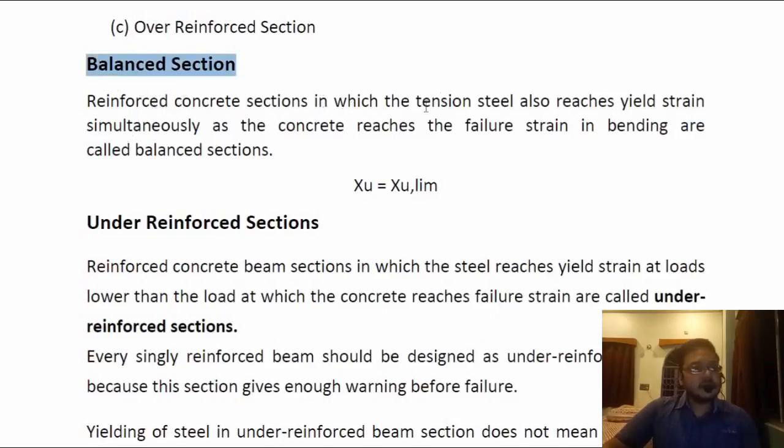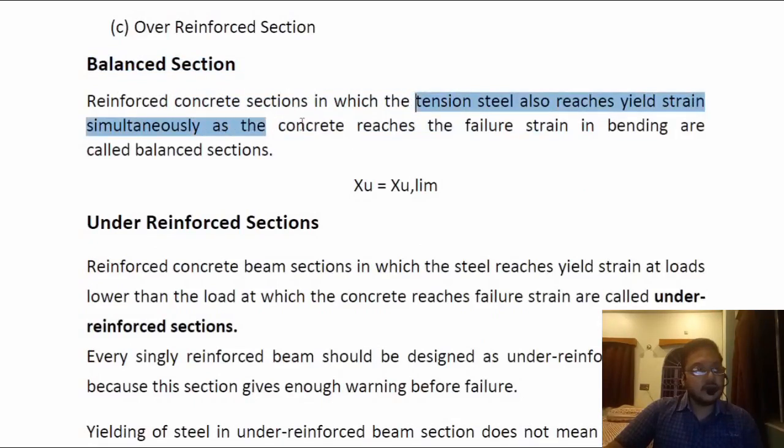For the balanced section, the reinforced concrete sections in which the tensile steel reaches yield strain simultaneously as the concrete reaches the failure strain in bending are called balanced sections.